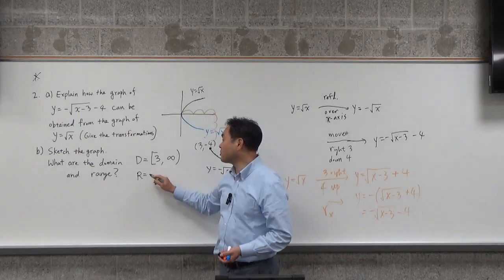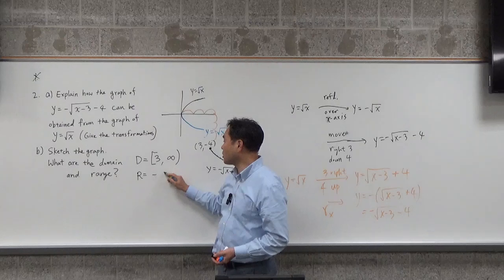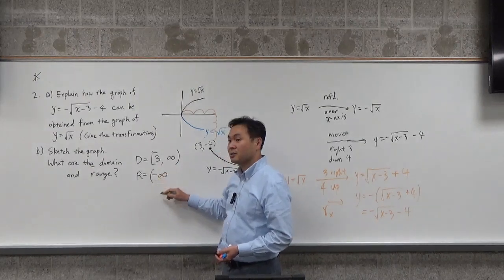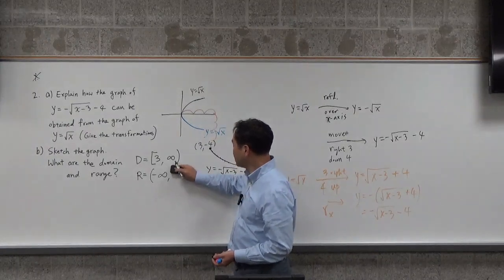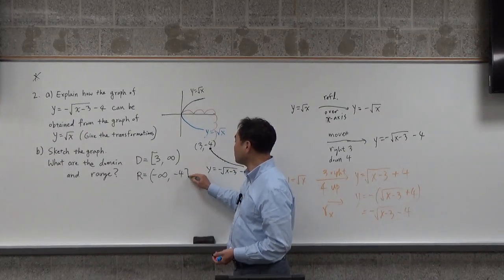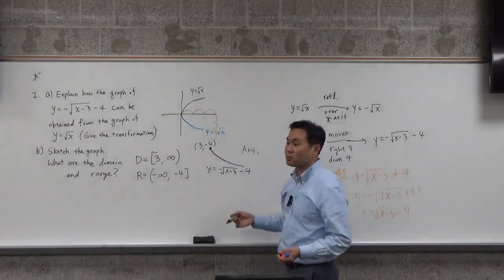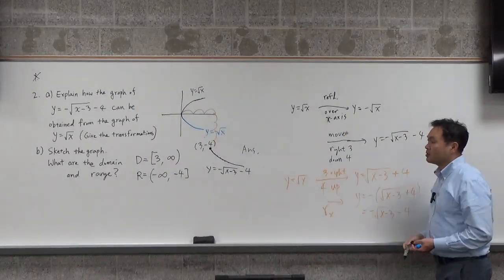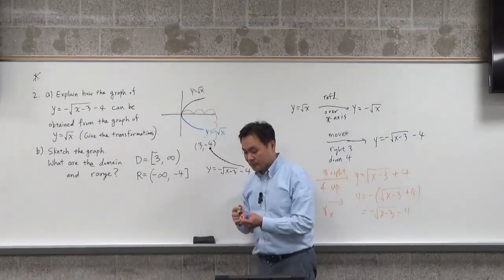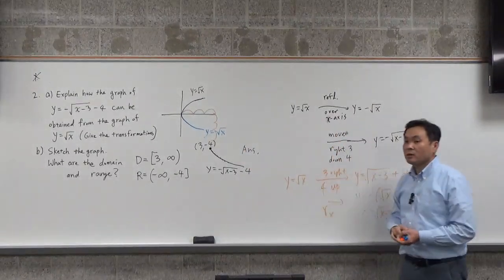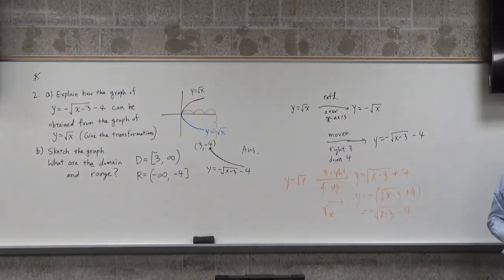You have to always start from the smaller number first. So you have to start with negative infinity, and then negative 4. If you switch this around, then you don't get full credit. So the answer is negative infinity to negative 4, close bracket. That's the answer to part B.